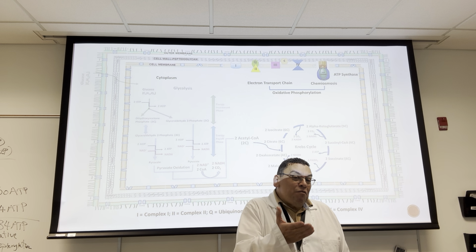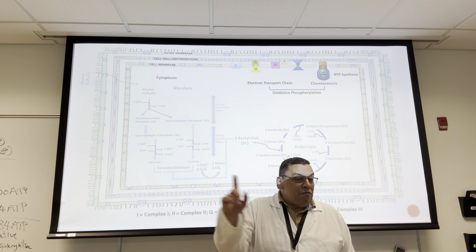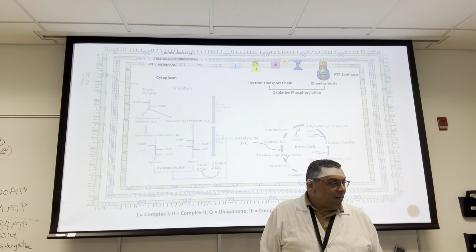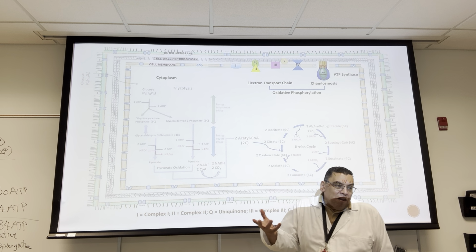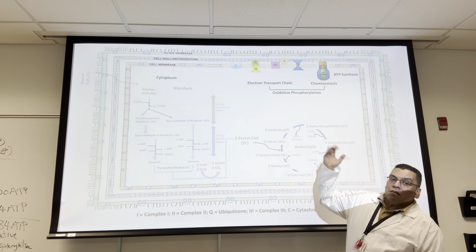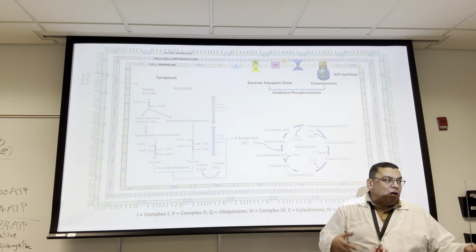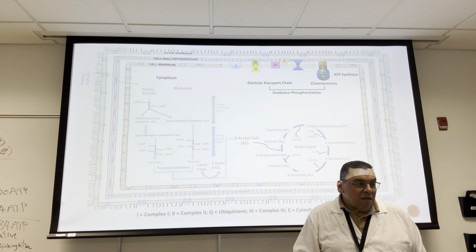The inner membrane of your mitochondria used to be the cell membrane of the endosymbiont, the bacteria that underwent endosymbiosis. It came in like this. And then the membrane became the inner membrane of the mitochondria.